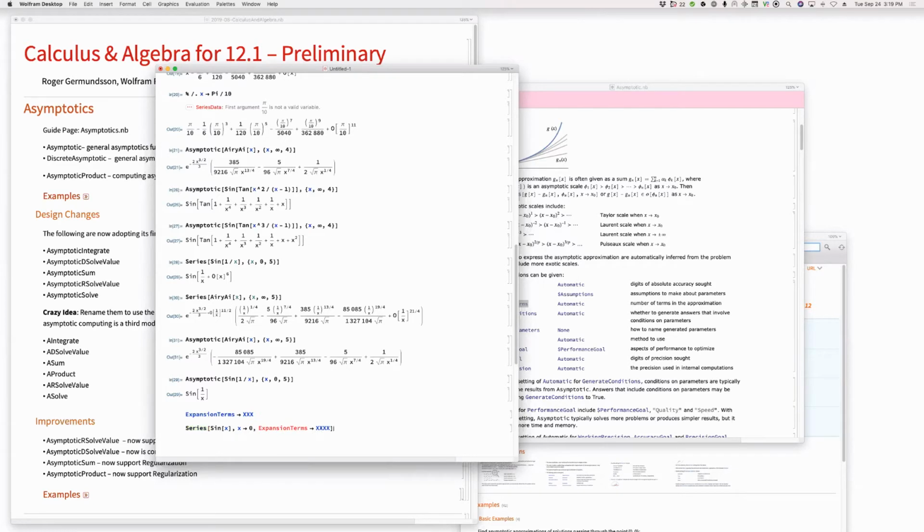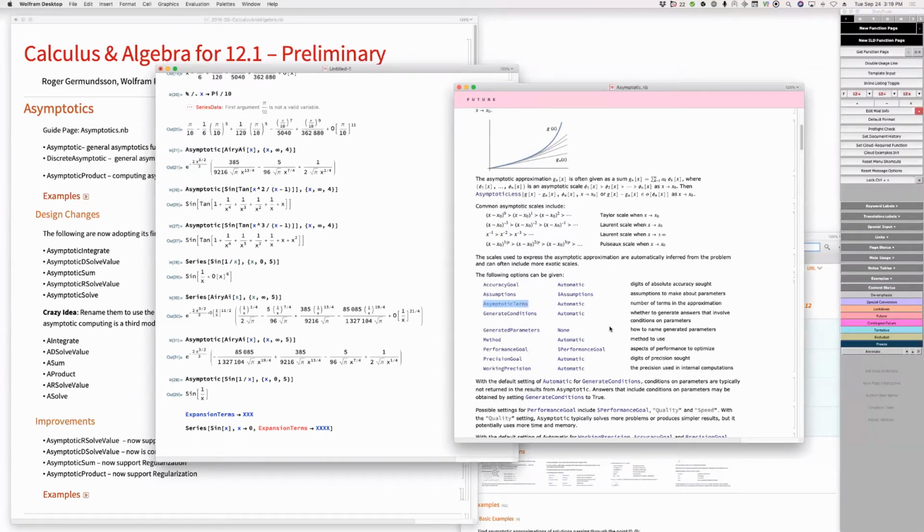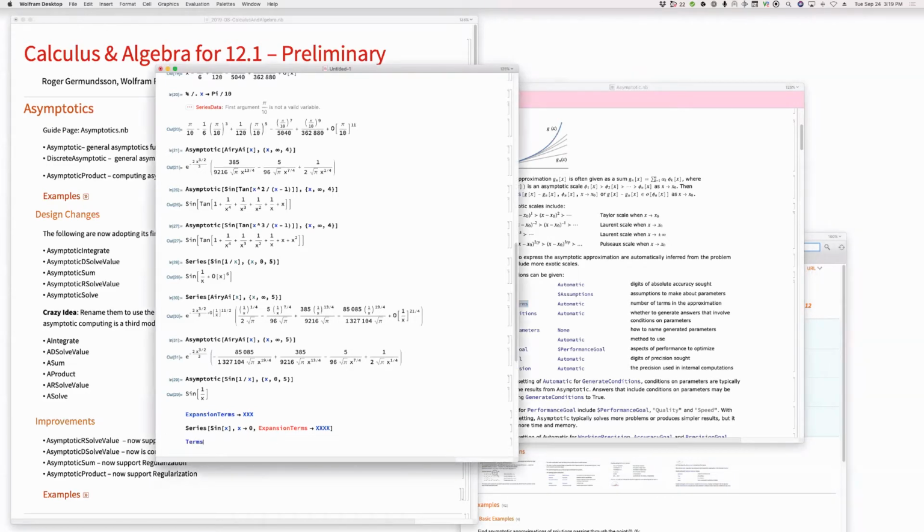I mean, the analog of this is things like precision goal and so on, right? Yes. I mean, it's a little weird and probably not good, but terms goal, because you might not even get that many terms. That's an interesting idea, actually.